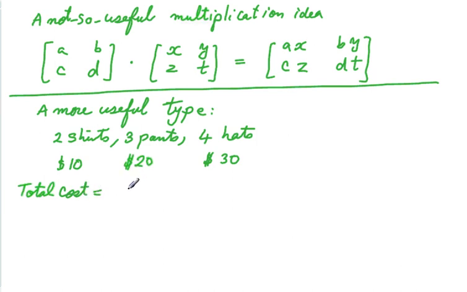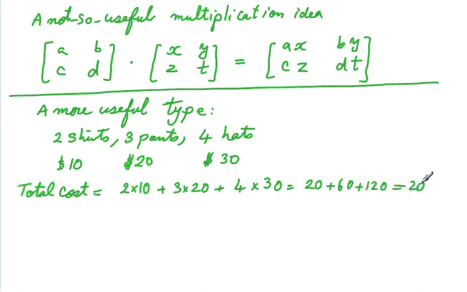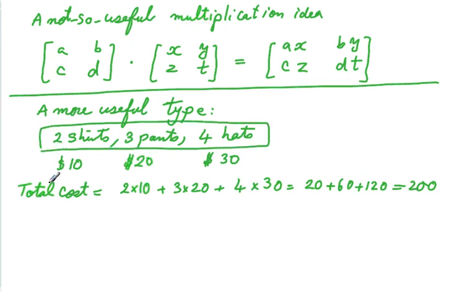It's 2 times 10 plus 3 times 20 plus 4 times 30. So you say I had 20 and 60 and $120 to spend. I spent $200. So can I think about this as a kind of multiplication where I pick the number of things multiplied by the prices in a format that looks like a clean-cut multiplication? I say yes.